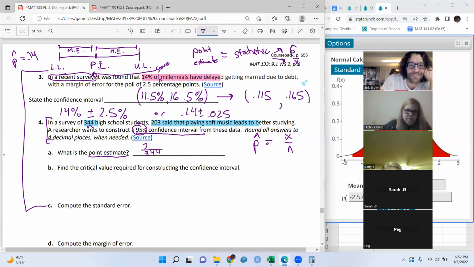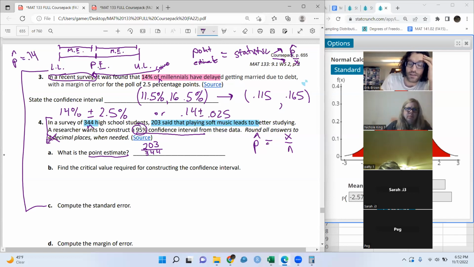Why is that? Whenever we talk about decimal places, that number is just what to round to, right? Percentages are not X's. P hats are percentages, so when we do the division, we get a percent. That's a p hat.